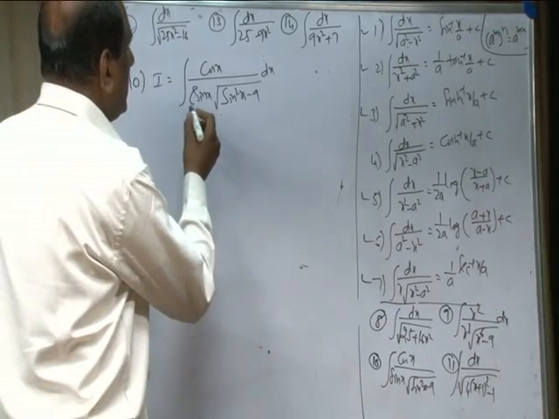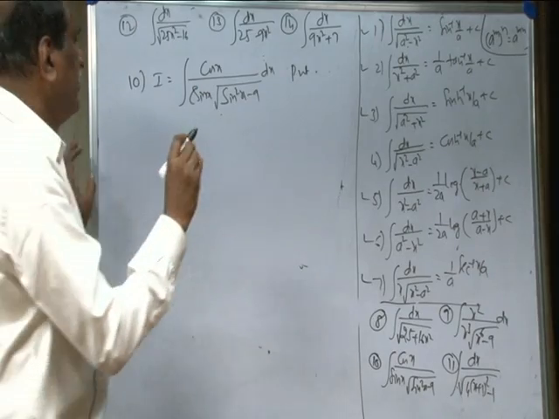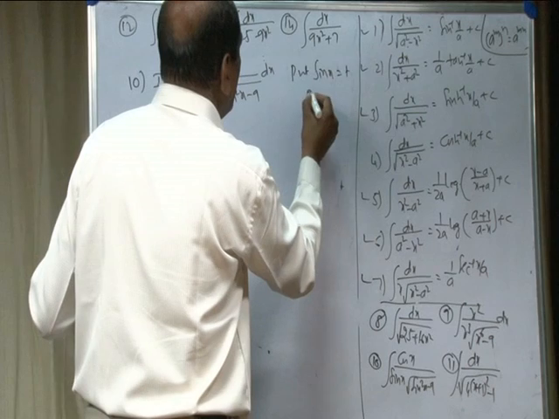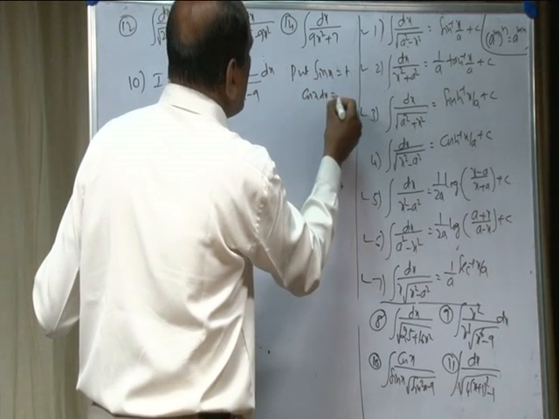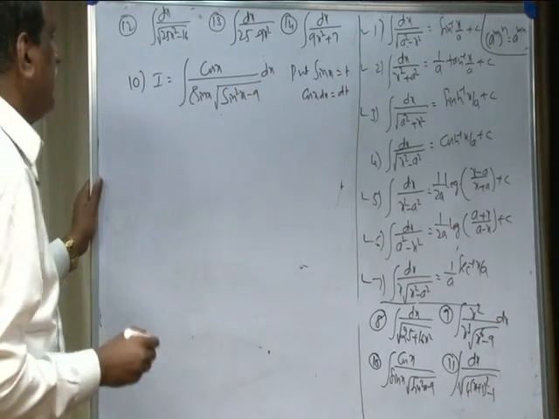So, take the substitution. Put sin x is equal to t, then cos x dx is equal to dt.